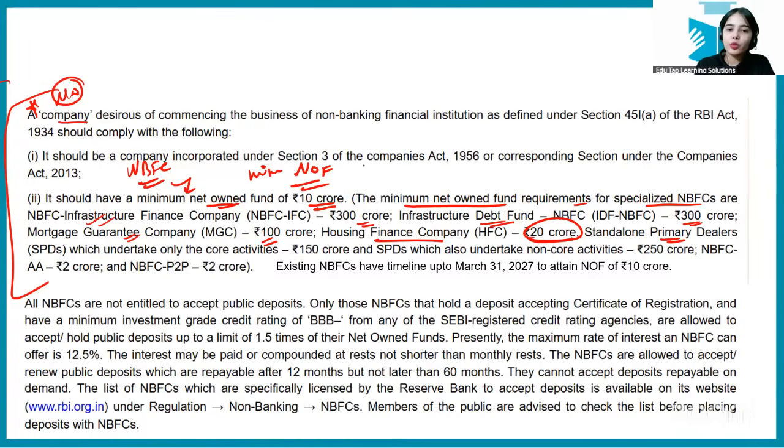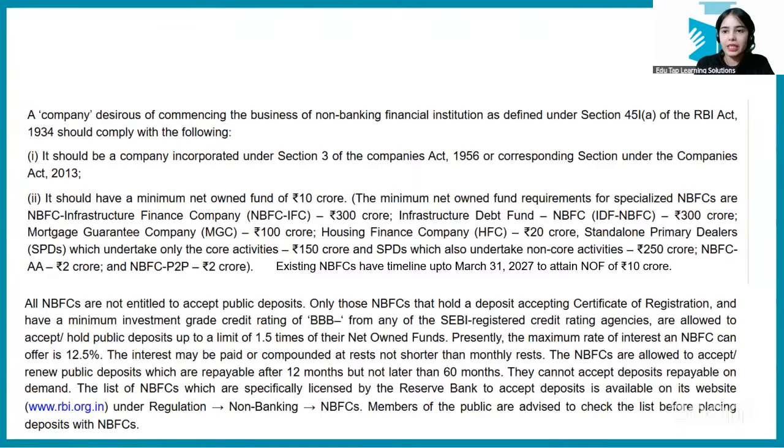So that they can handle the distress, because this is the fund owned by the company that can be used during the distress situation also. So that's why certain minimum net owned funds have been laid down for the different companies. We will be discussing different NBFCs. This is just the net owned fund that you have to keep in mind.